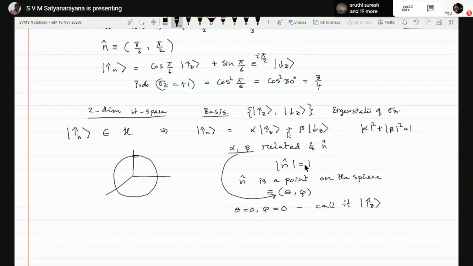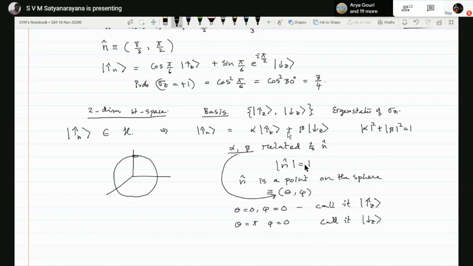Correct? Then you can say that theta is equal to pi and phi is equal to 0, you call it down z. So that means these two are orthogonal vectors.